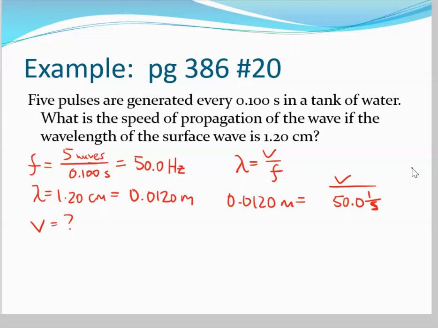Okay, so then if I'm trying to get V, I'm just multiplying both sides by 50. Okay, so then when I do that, I get 0.6 on my calculator, but I do need to add some zeros to make it have 3 sig figs. And then when I multiply m times 1 over s, I get meters per second, which is good. That seems like a good unit for speed.